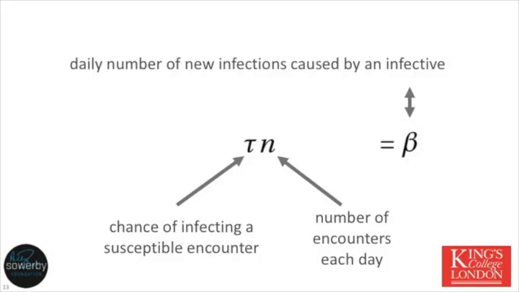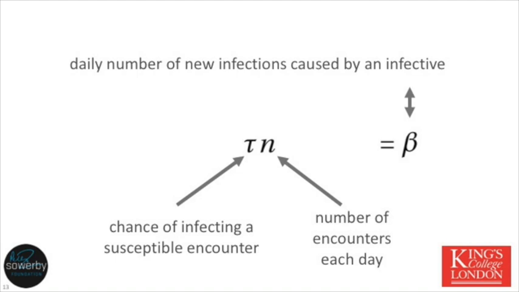So if all the N people are susceptible, the number of people being infected in a day by our single infective is tau times N. This is an important number, the number of people an average infected person will infect if everyone else is susceptible. And usually we use the Greek symbol beta to denote it.